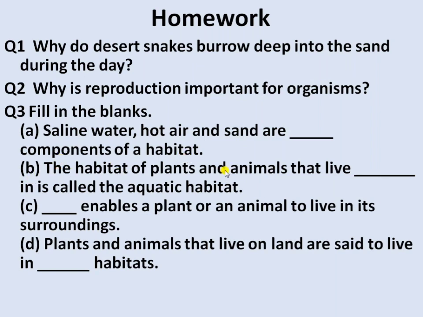Second: the habitat of plants and animals that live in water is called the aquatic habitat. Third: dash enables a plant or an animal to live in its surroundings, known as. Fourth: the plants and animals that live on land are said to live in which habitat? So you have to fill in the blanks.